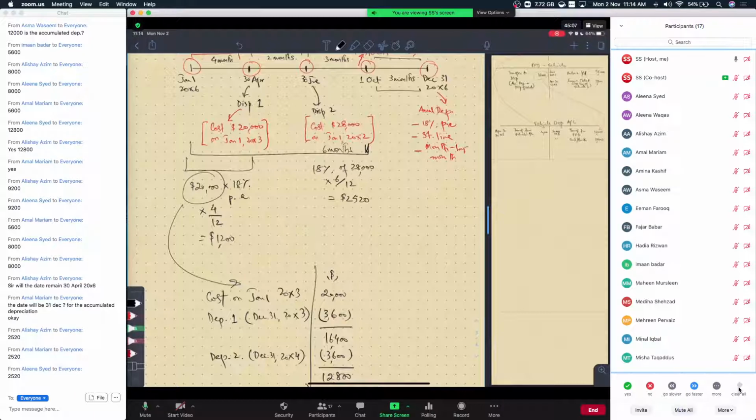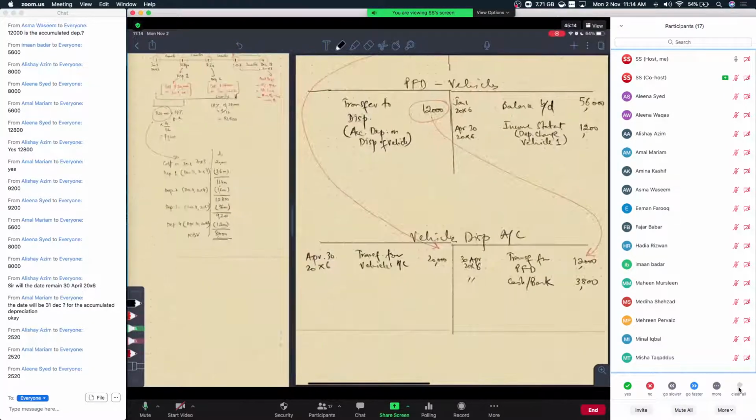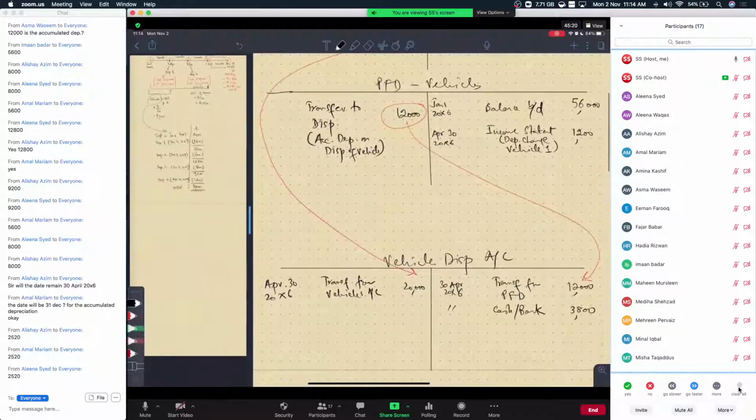Okay, so we will not start our disposal proceedings unless we record this depreciation charge first. So on the 30th of April के बाद on 30th of June, we are going to record this second depreciation charge, income statement for second vehicle. And that was 2520, sorry.